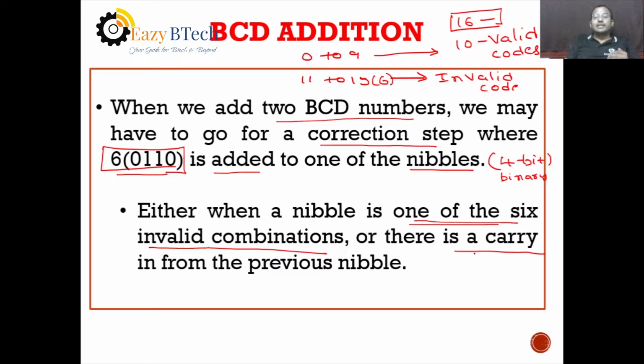The other case is when there is a carry out of the resultant operation. Then also we have to add 6 to get the correct answer. We'll see this with the help of an example.